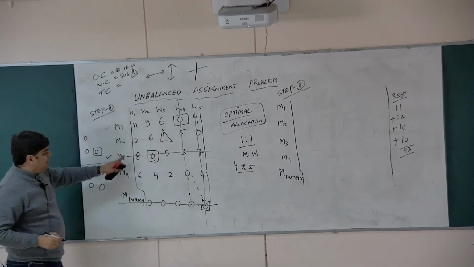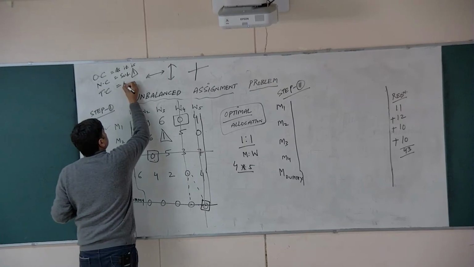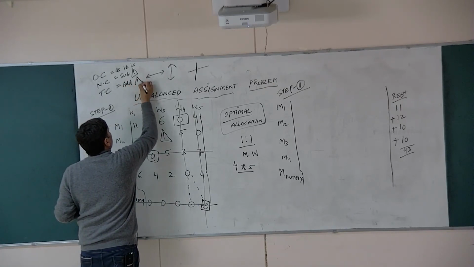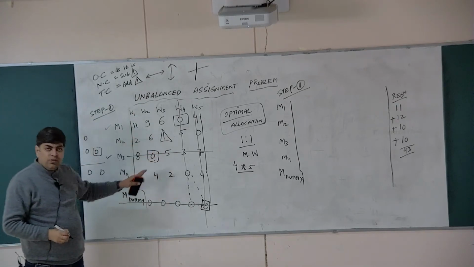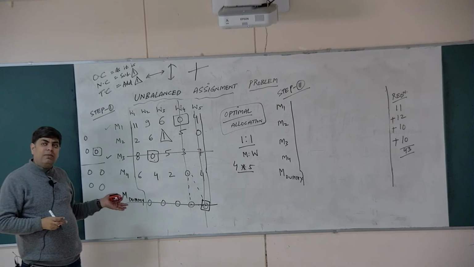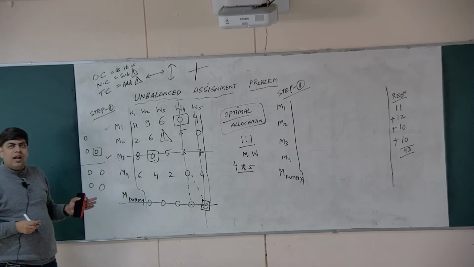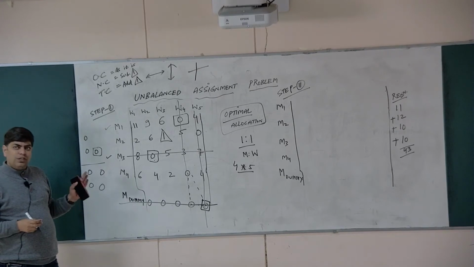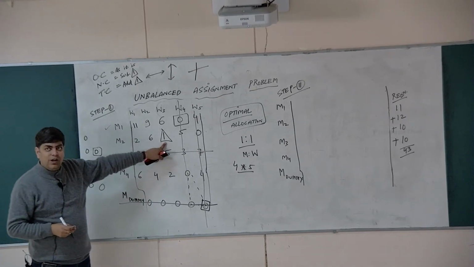Twice cancelled means horizontally and vertically, add that minimum element value, 1. Once cancelled as it is. So I have encircled 1 in the triangle form.